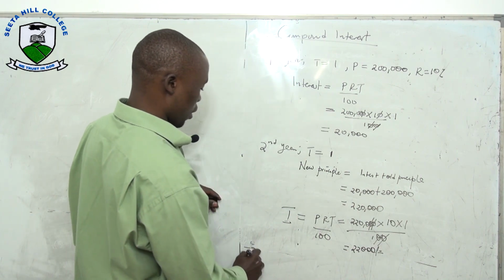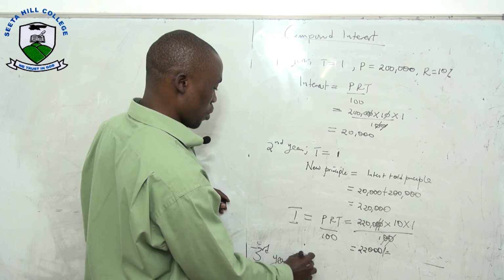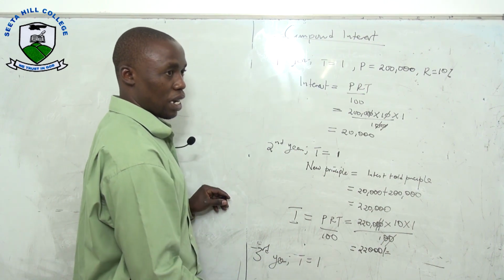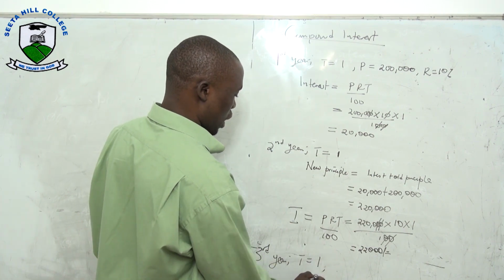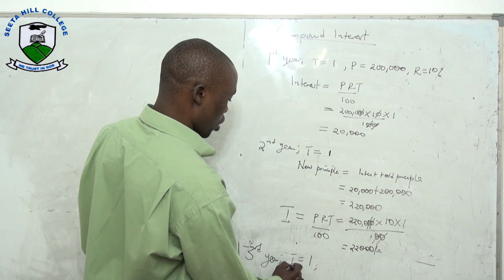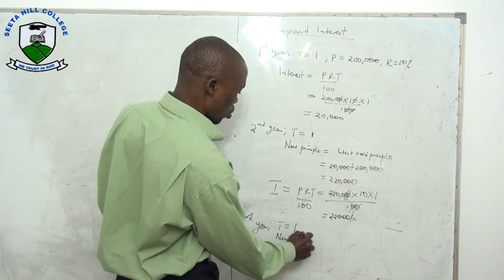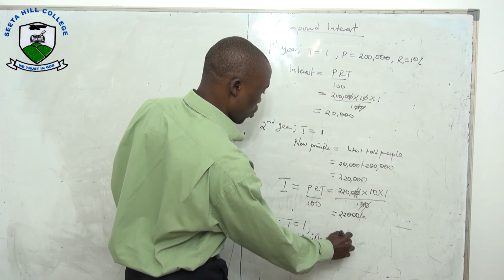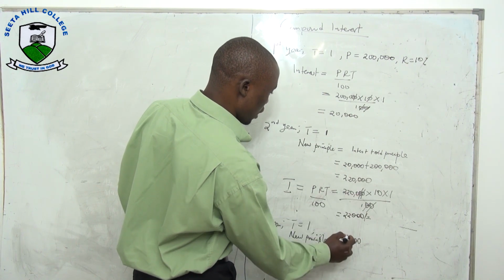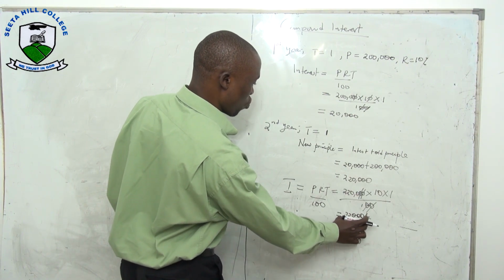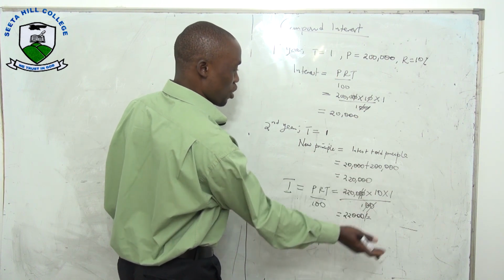Now third year, what is the new principal in the third year? Time is still 1, because now I'm on the third year on its own. What is the new principal? 222,000? No, that's the interest plus the old one.